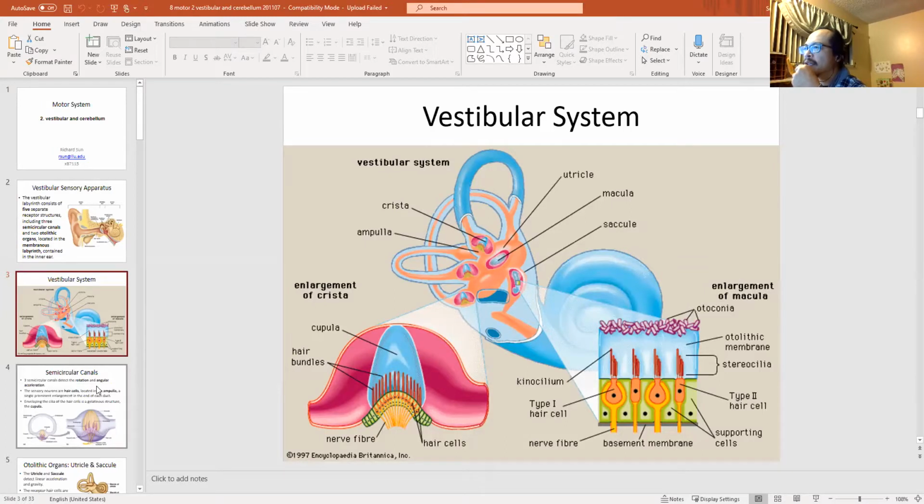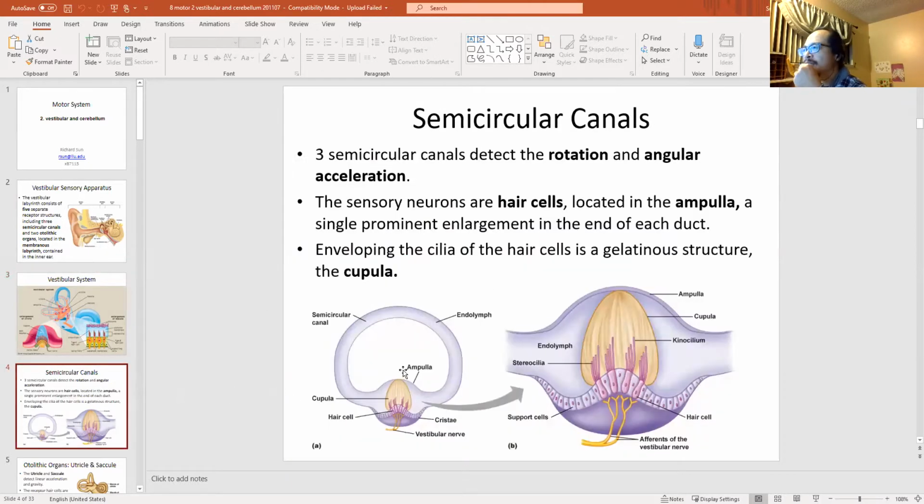All right, so let's get a closer look into this semicircular canal. Within this one, it is filled with this fluid called the endolymph, and the sensor organ is right here. If we zoom in into this sensor organ, we can see that the hair cells, these sensory neurons, have cilia embedded in this gelatin structure called the cupula.